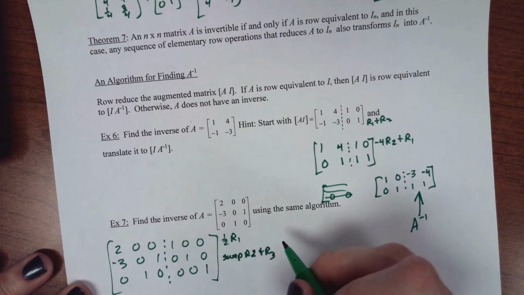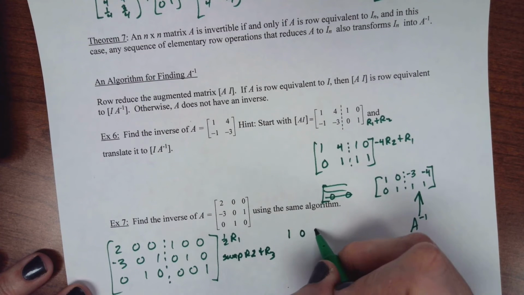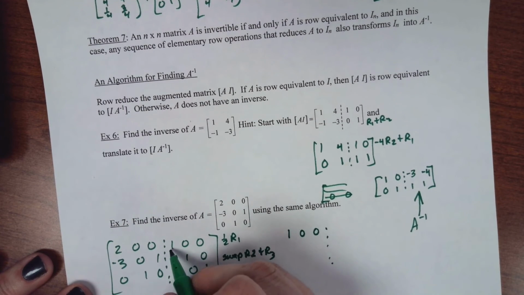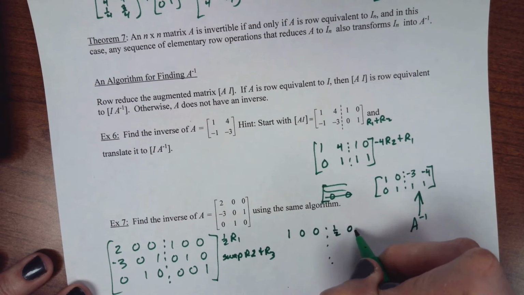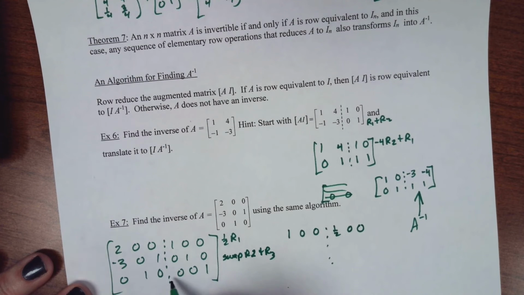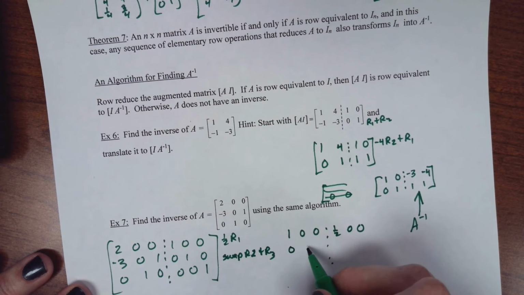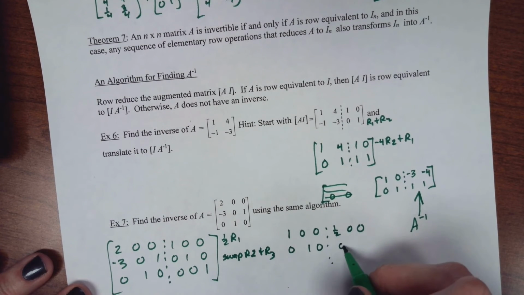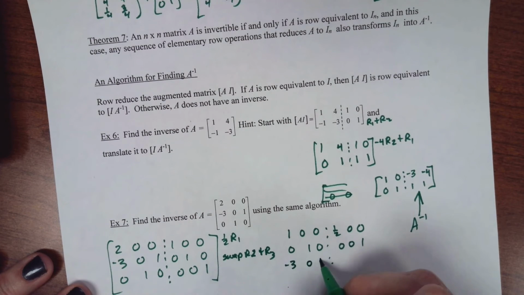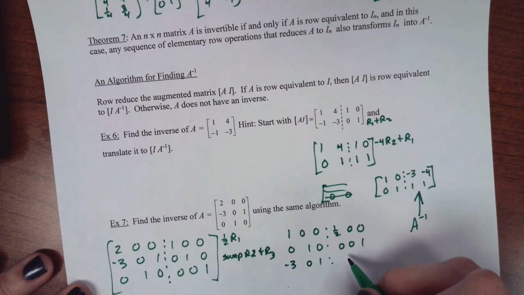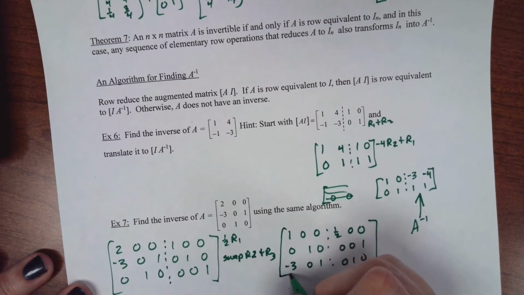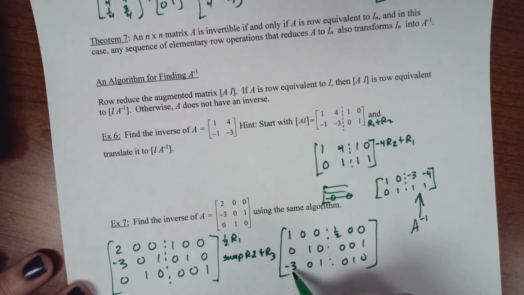All right, so this becomes 1, 0, 0. I'm multiplying by 1/2, so I get 1/2, 0, 0. I'm going to write this in the second row, 0, 1, 0, 0, 0, 1. I'm going to write this in the third row, -3, 0, 1, and 0, 1, 0.